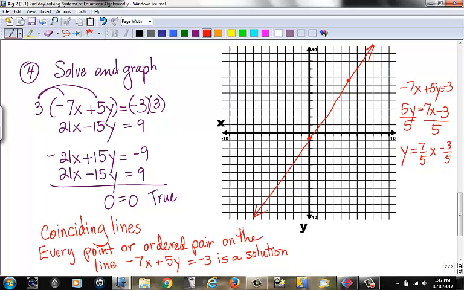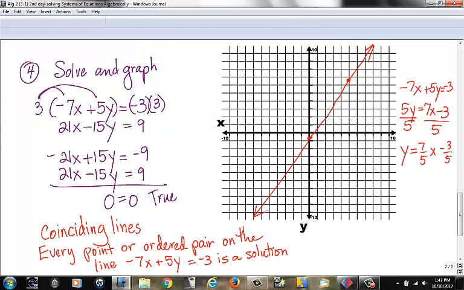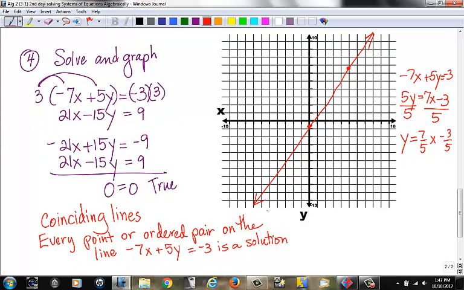Okay, and let's go back for those that were gone yesterday. Coinciding lines, consistent or inconsistent? Consistent means there is a solution. So yes, there is a solution.